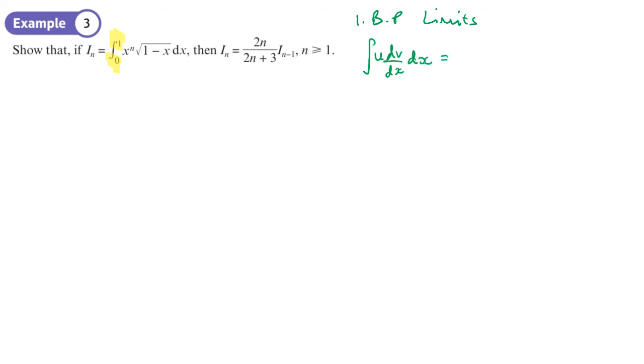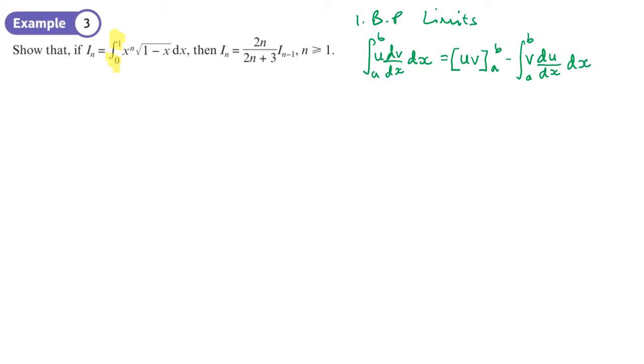If I've got my limits of a and b like this, so the uv part we apply the limits to directly, and then we also apply the limits to the integral that we work out here. So we just need to remember to do that in this question because of the limits.